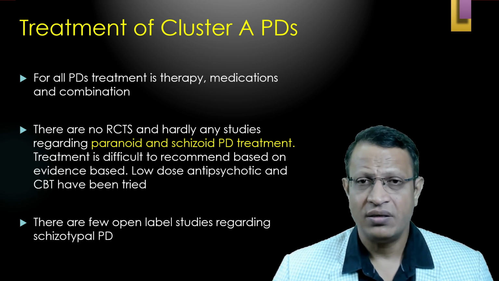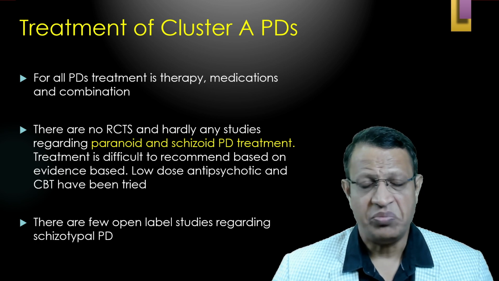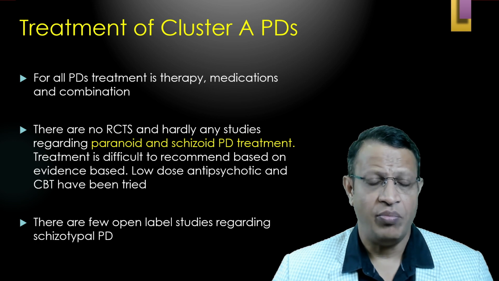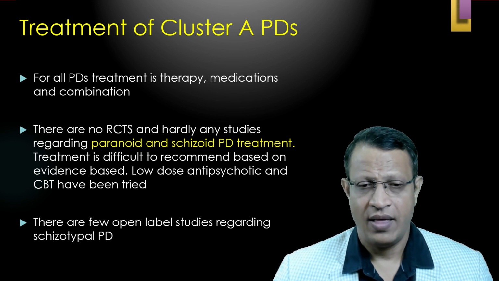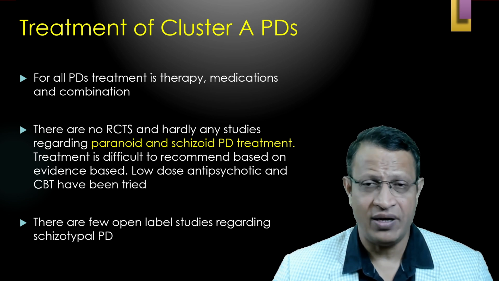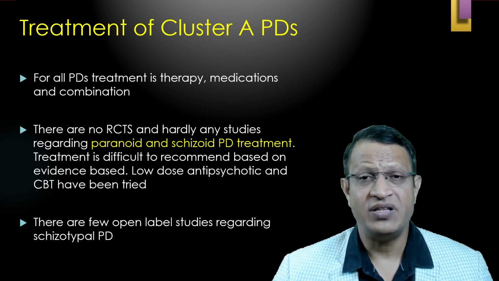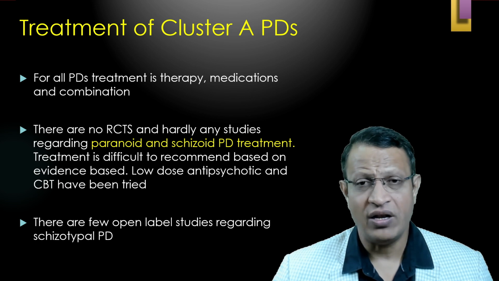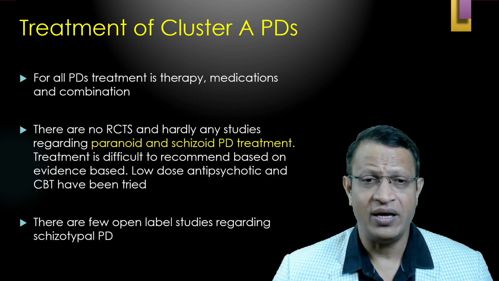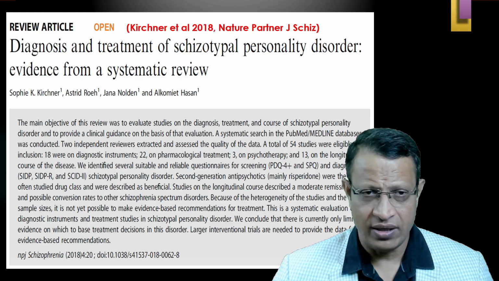Hence, it is difficult to give recommendations based on evidence. Here, low dose antipsychotics and CBT have been tried, but the evidence is not strong enough to recommend them. There are a few open label studies regarding schizotypal PD.